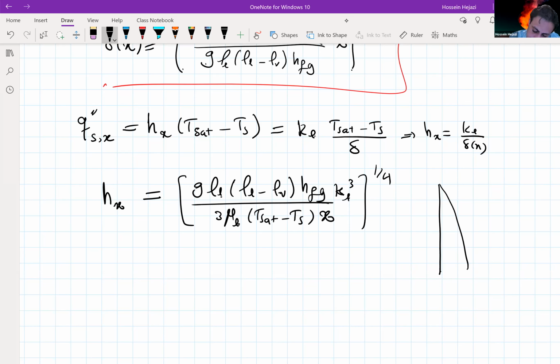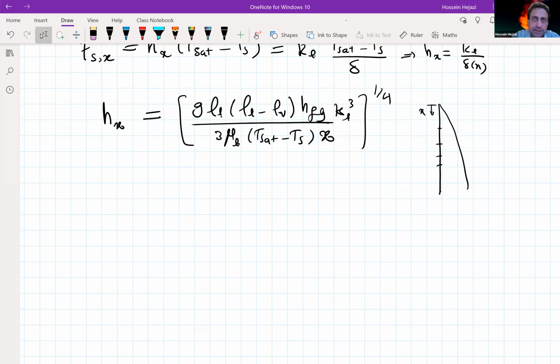So let's say this is the plate, and this is the direction of x. At any x, I can find out the heat transfer coefficient, and I can find the average, the integral of h dx from 0 to L, at any length of the system that I want.